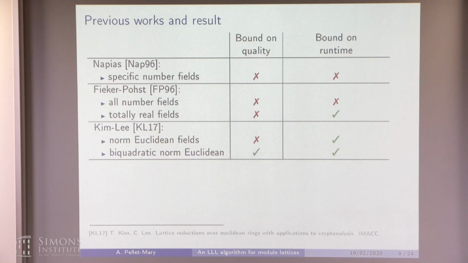So it would fit in this description with a poor bound on quality. Yes. Something I should say here is that I'm interested in having something that is exponential only in the rank of the module, and not in the dimension over the integers.